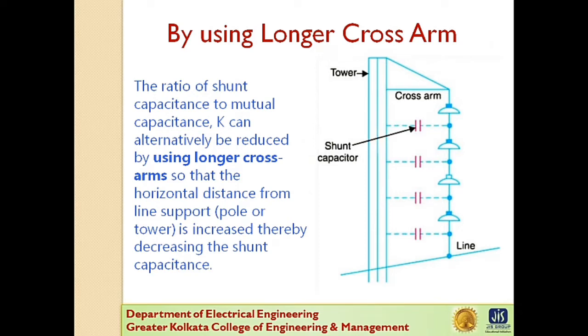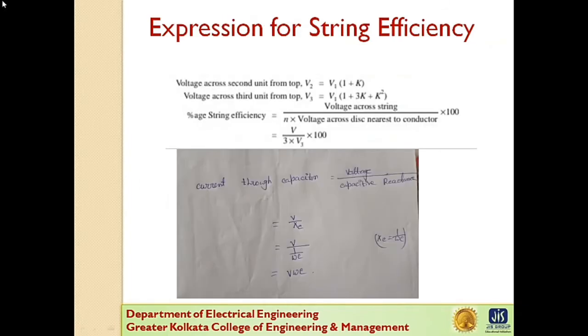The value of string efficiency depends upon K, the ratio of shunt capacitance to mutual capacitance. We can write the total voltage across the string in terms of V1, and the voltage across the disc V3 also in terms of V1.